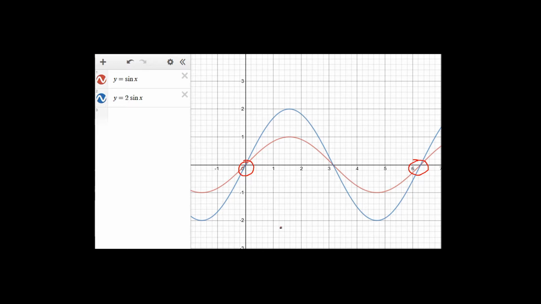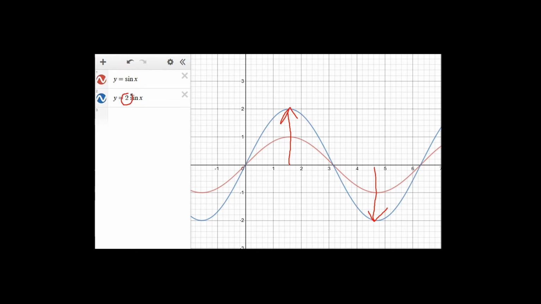So the period doesn't change with amplitude. The period stays the same. The length of this interval that gets repeated is the same. What changes is how high the function goes and how low it goes. That's what the amplitude controls.